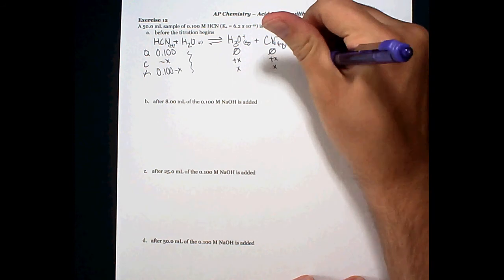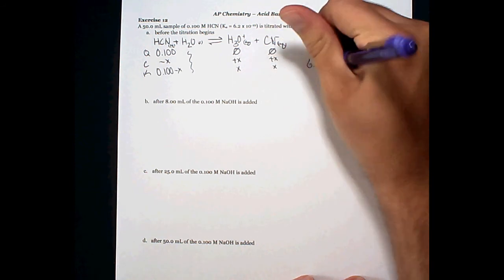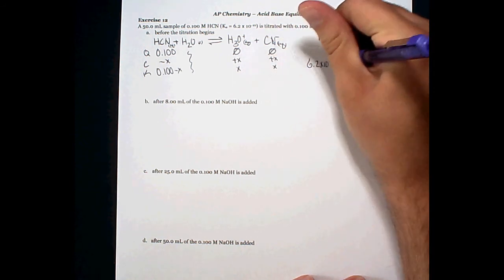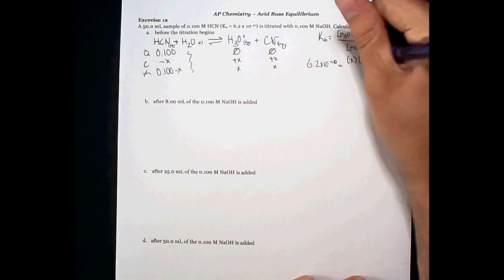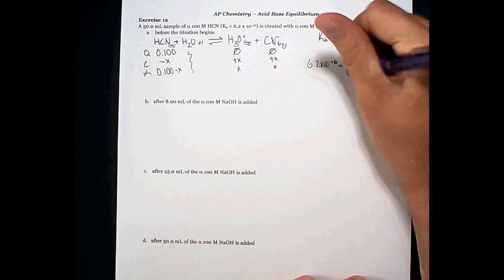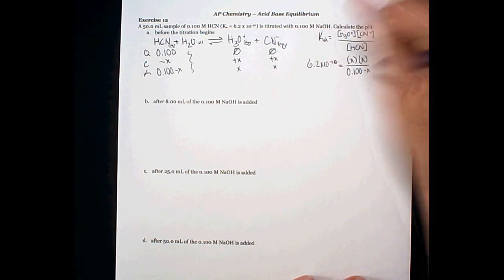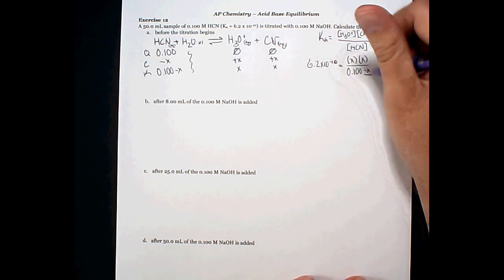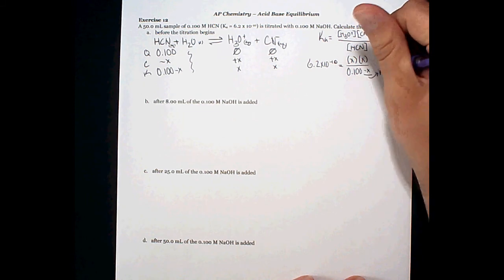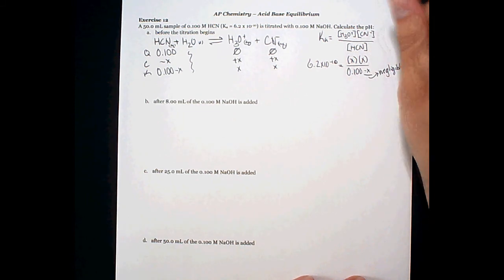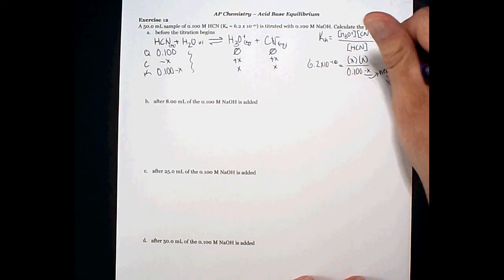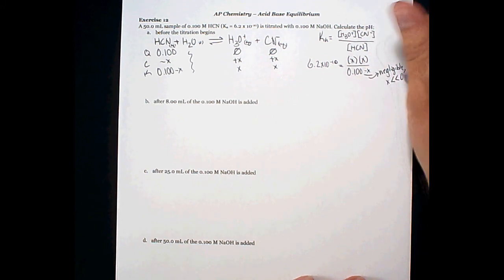Now we start plugging in numbers. 6.2 times 10 to the negative 10th is equal to x times x over 0.100 minus x. This minus x here is going to be negligible, and that's due to x being much, much smaller than 0.1.